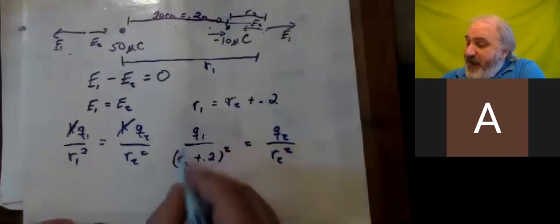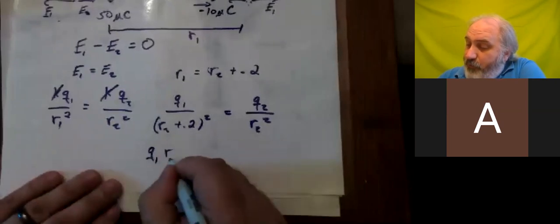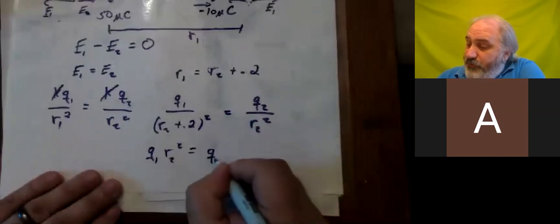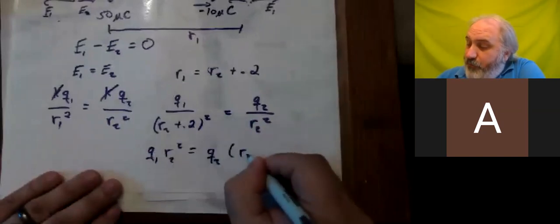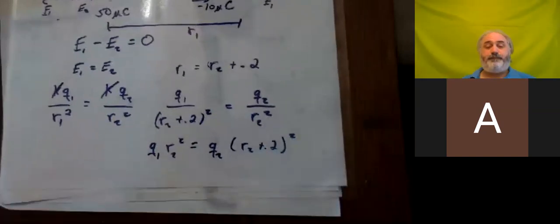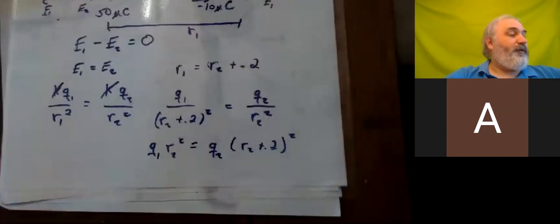So over here, I'm going to have Q1 times R2 squared. And on the other side, I'm going to have Q2 times R2 plus 0.2 quantity squared. So at least I don't have any more annoying fractions. That's a step in the right direction.